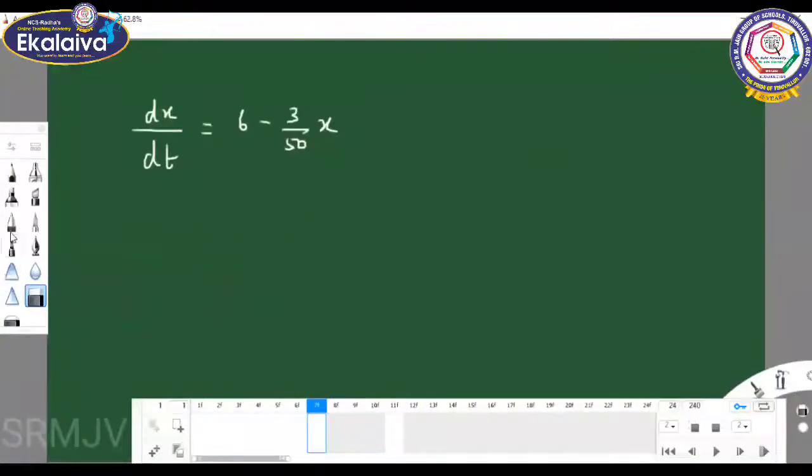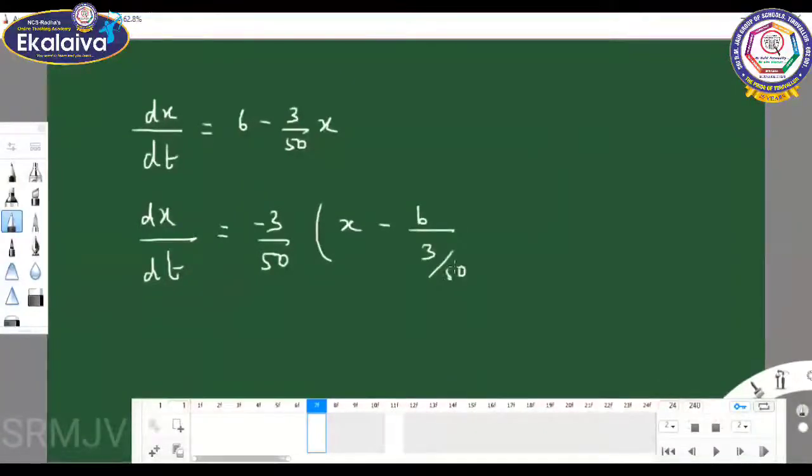Here we can take dx by dt equal to minus 3 by 50 out, because already minus we have taken out. So x minus 6 by 3 by 50. You don't write minus also, because already we have written minus here.